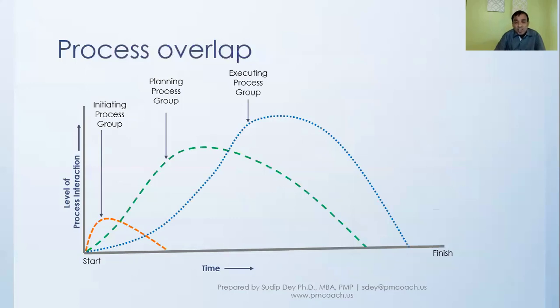If you look at the executing process group, it also starts early, but most of the activity is done after the planning process group tapers down. So what does this mean? This executing process group actually depends on the planning process group, but there is an overlap. You might be wondering, how come the executing process group starts almost at the beginning?